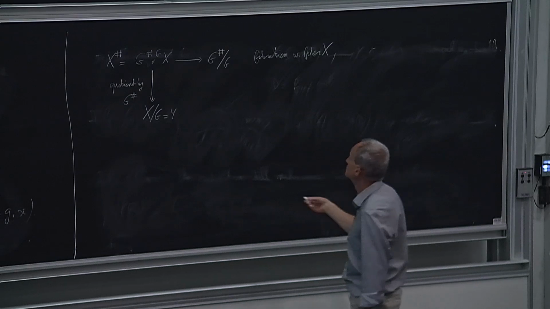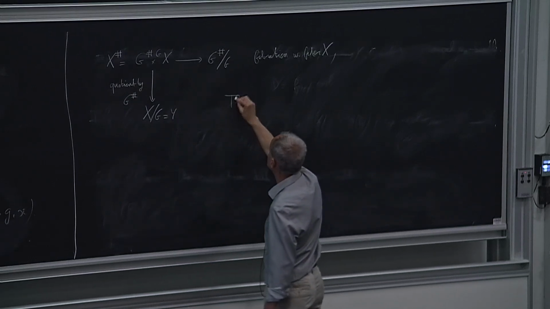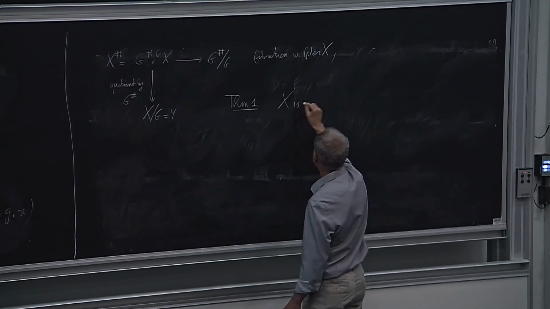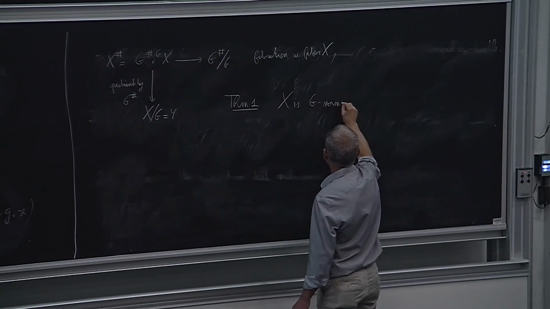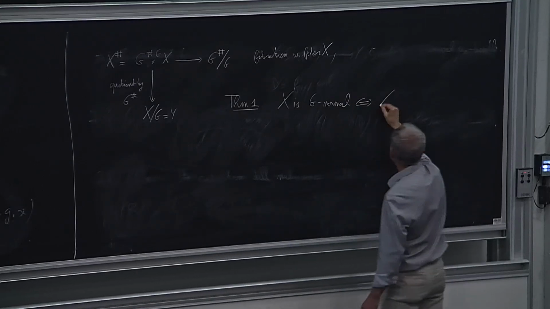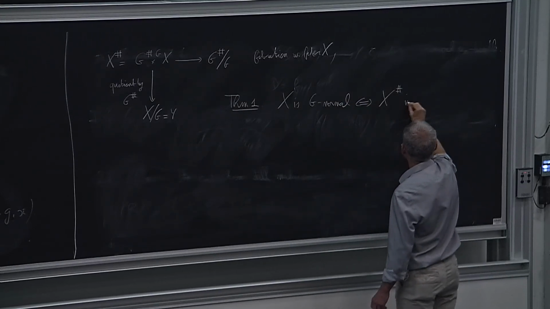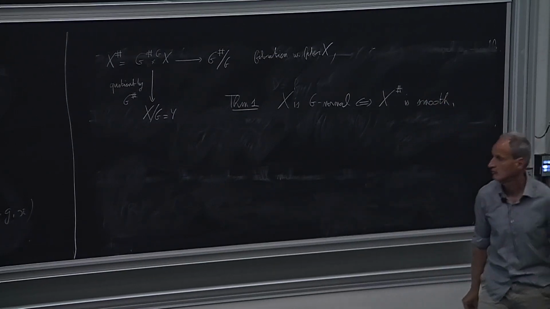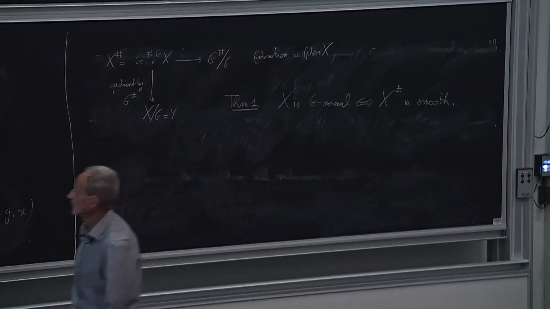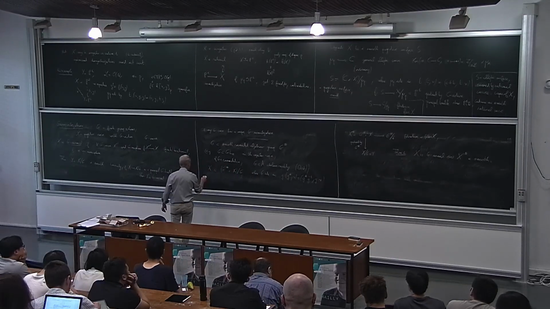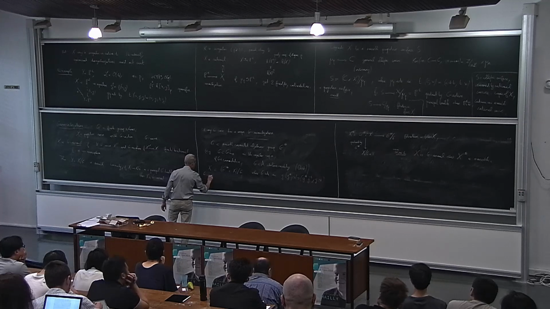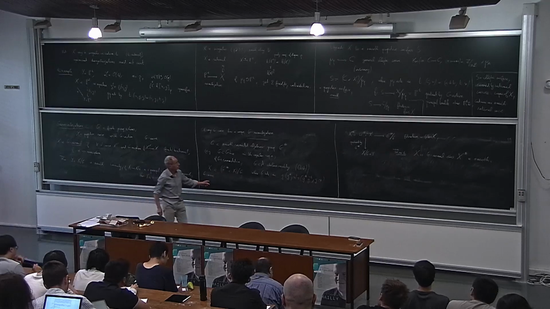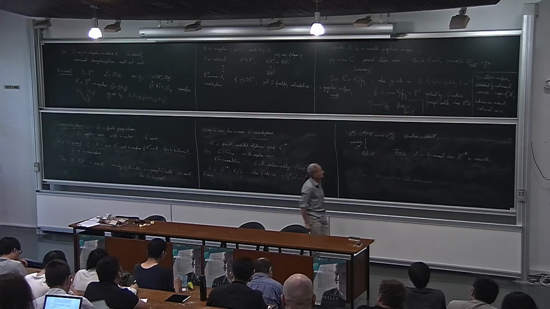And now the result, maybe I state it as a theorem, is that X is G normal if and only if G-check is smooth. Here this should be a G curve. And you have this equivalence.